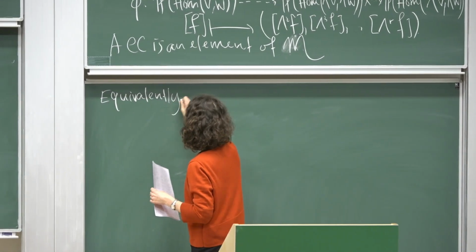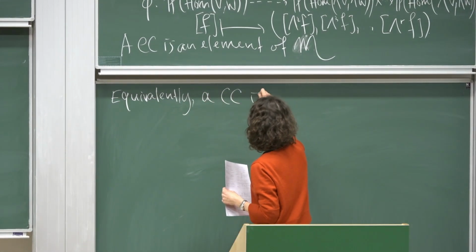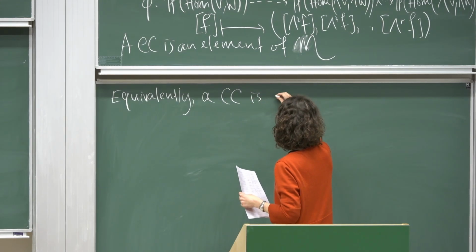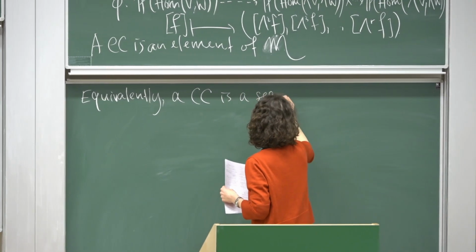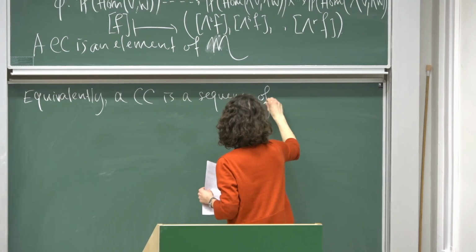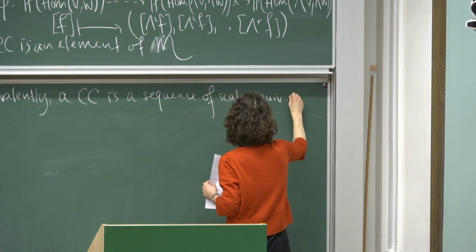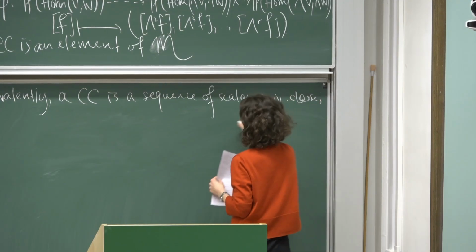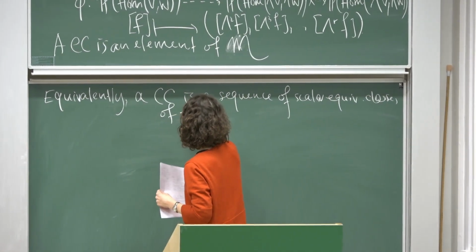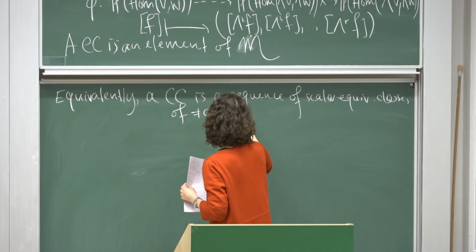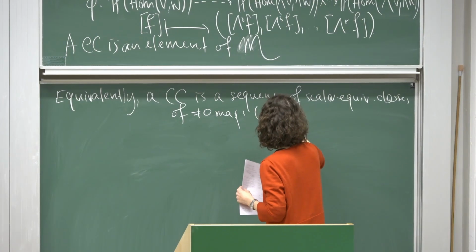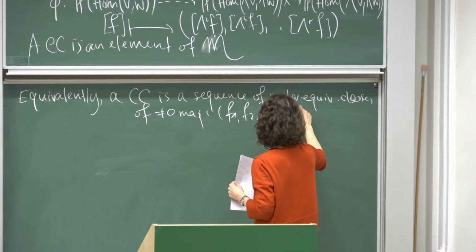Okay, so equivalently, a complete collineation is a sequence of scalar equivalence classes of non-zero maps F1, F2, up to Ft.